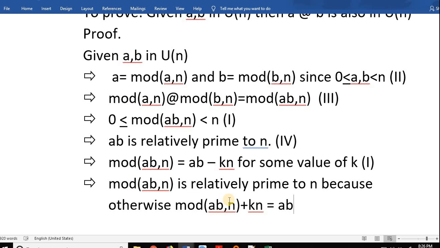Now if mod ABN was not relatively prime to n, then this sum would also be not relatively prime to n. So otherwise, AB would not be relatively prime to n.